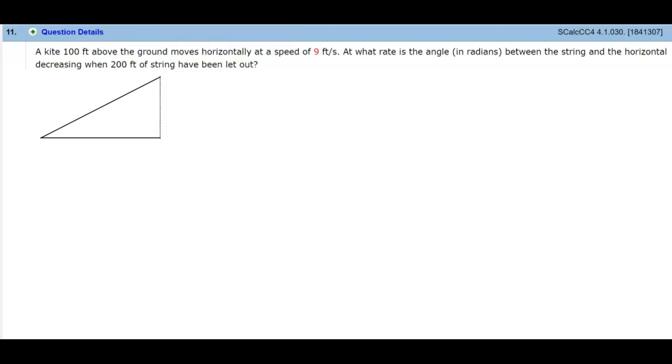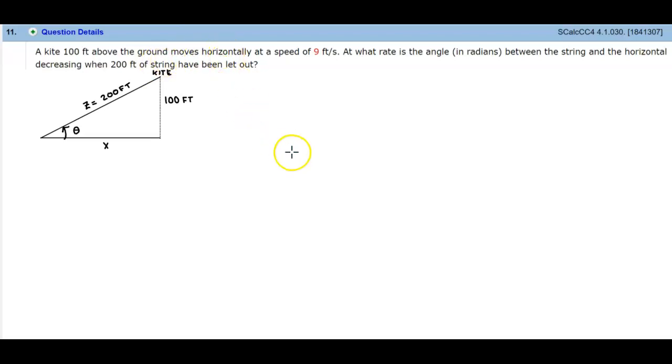So we know that here is the kite. Okay, we know that it is 100 feet above the ground. We know that this represents X, and we know that there's a string here, and we'll call that Z, that has 200 feet of string. And so what does this angle theta represent?